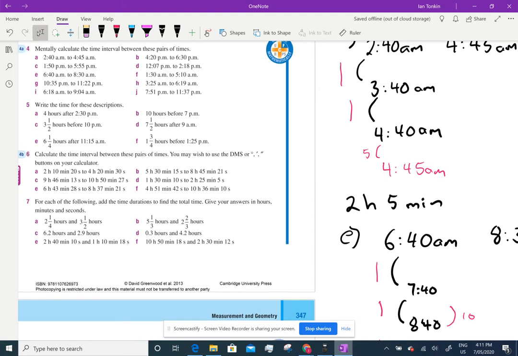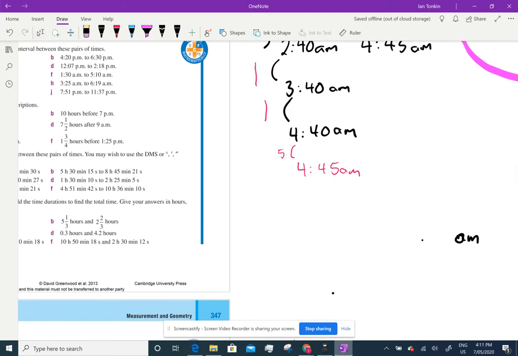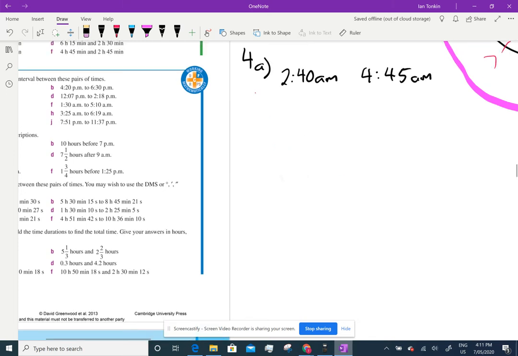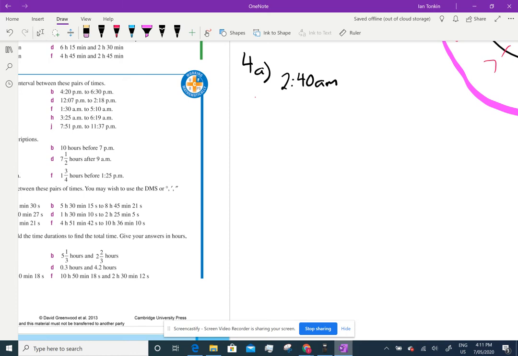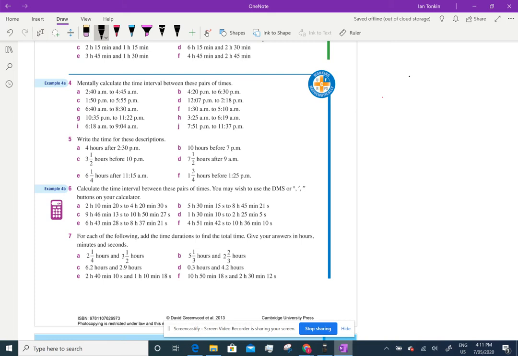Now, in questions like 5, and I'm only doing examples, you're meant to do the other ones, and some of these are very tough. Remember, ask mum and dad, ask your brothers and sisters, or email your teachers. So question number 5, and this is all about finding mental strategies. Write a time for these descriptions.